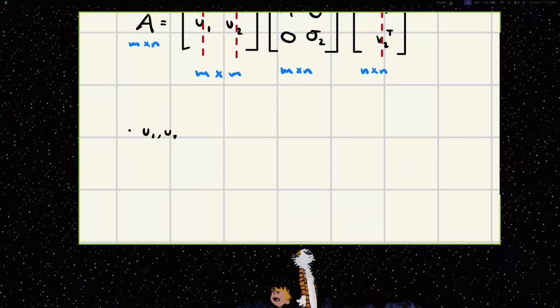So u1 and u2 are the singular vectors, is what we generally refer to them as. And then sigma, in this case sigma 1 and sigma 2, are the singular values, which we'll go over what the actual singular values are.